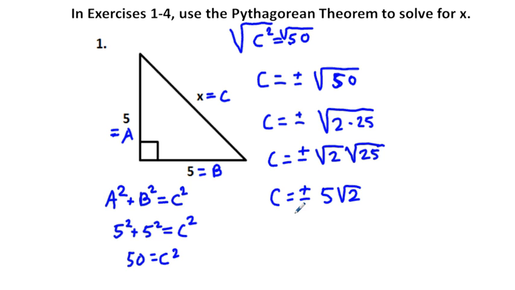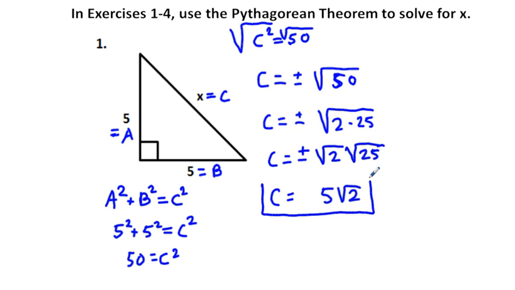Now, one more thing, this plus or minus thing. Let's analyze distance. Can we have a negative distance? No, we cannot. So this is an instance where, using the square root method to solve, we only have one solution, not plus or minus, because we cannot have negative distance. That eliminates our negative number solution.